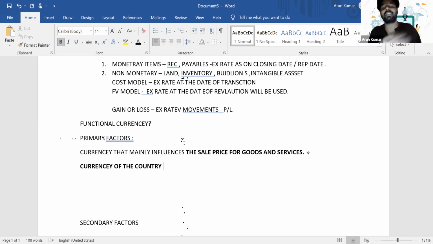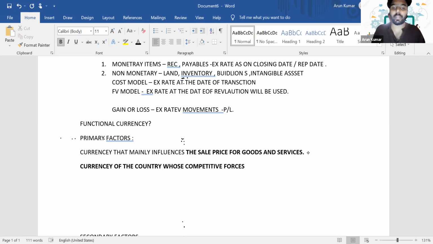So which country's competitive forces will affect the selling price of our goods and services? That is the currency of the country whose competitive forces and regulations mainly determine the sale price of my goods and services.